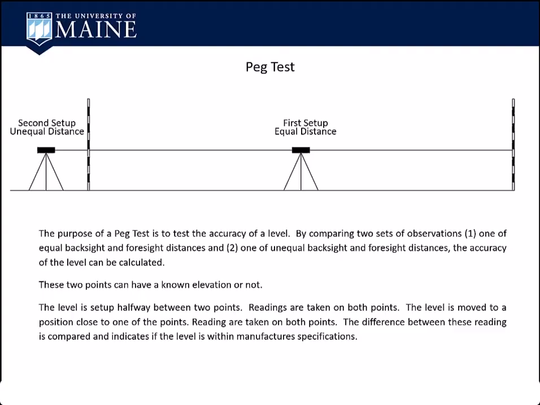So you're going to exaggerate the error in these readings. A properly adjusted instrument will read correctly. One that's out of adjustment will not read correctly, because you're exaggerating the setup and the distances.